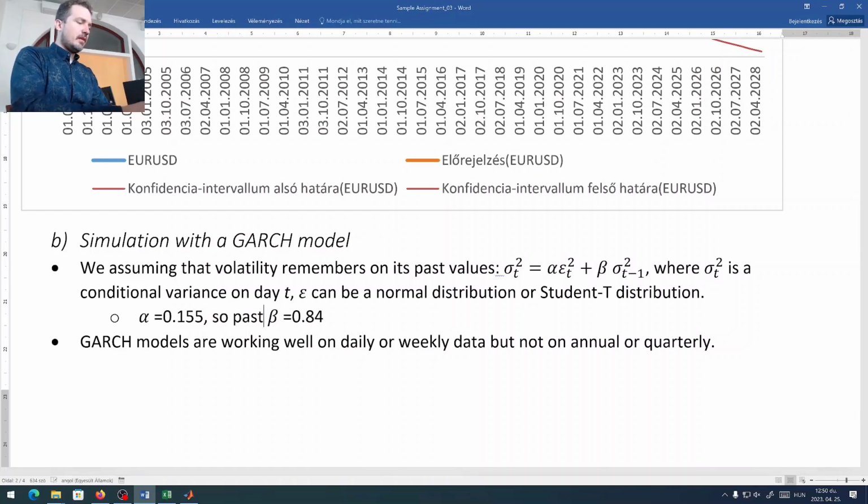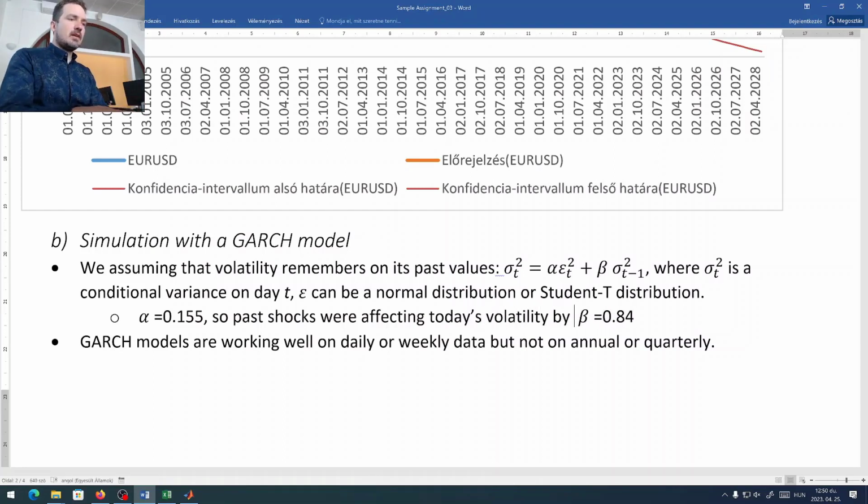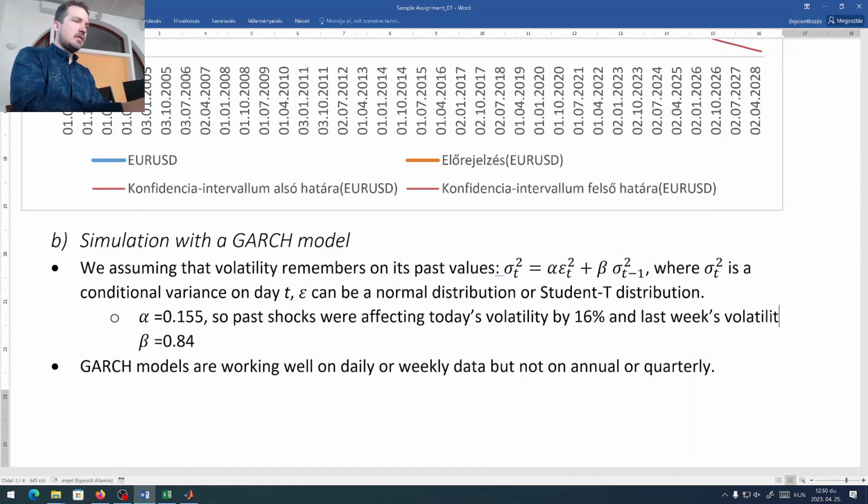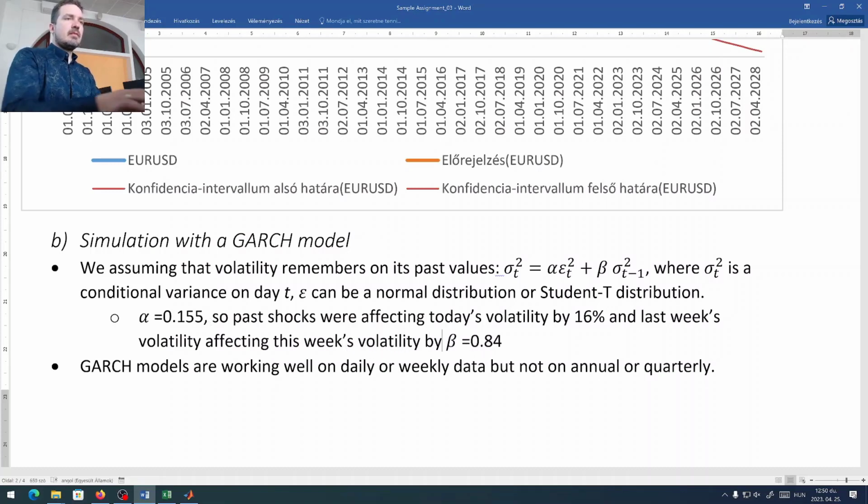So past shocks were affecting today's volatility by 16%, and last week's volatility affecting this week's volatility by 84%.